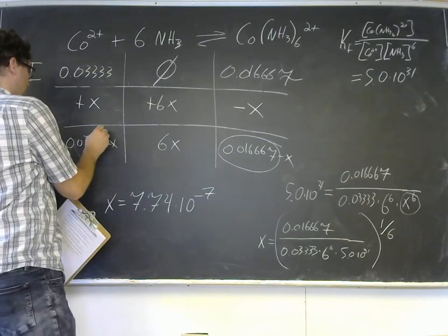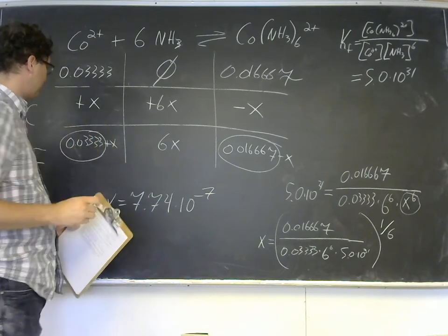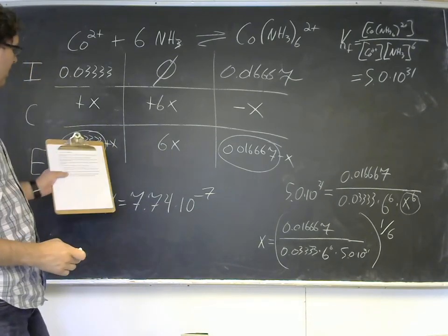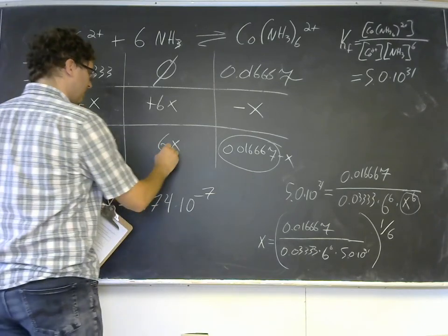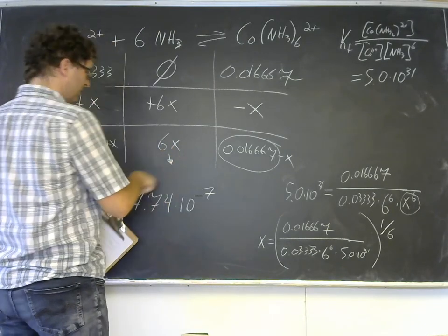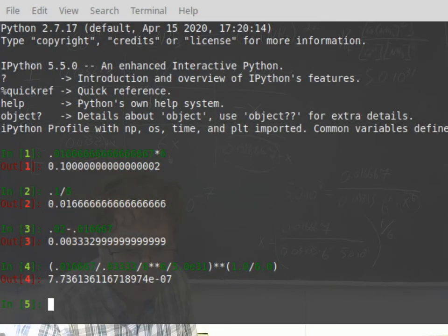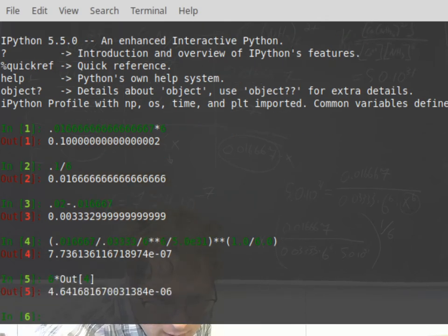The concentration here will still be just the 0.03333 because the plus the tiny number doesn't make any difference. And then this 6x, what is 6 times that number? Let's figure that out real quick. That's going to be 4.6.